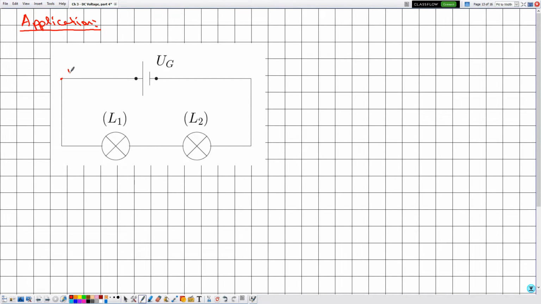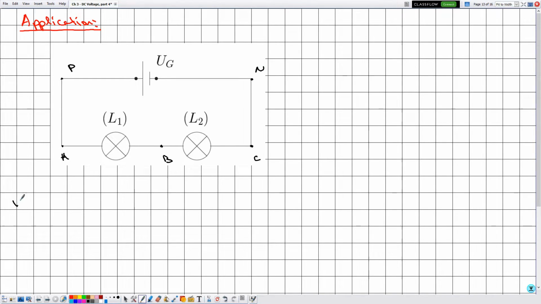So suppose that this is the point P, this is the point A, and this is the point B, C, and N. And suppose that UG is given by 12 volts. Then let me label everything here in black to clarify that this is the given. So this is P, A, B, C, and N.